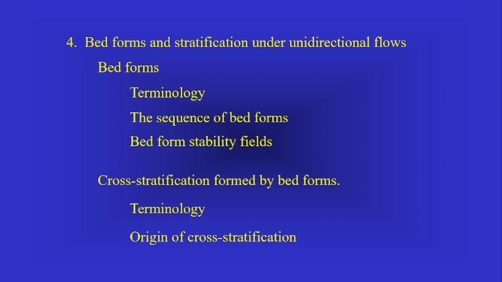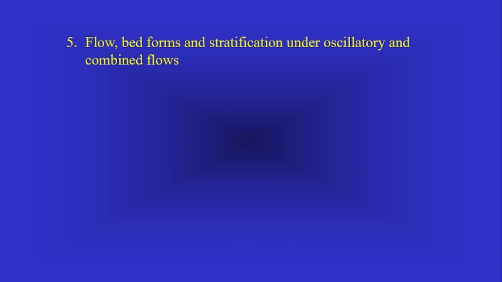Then cross stratification, bed form by bed form, and the terminology of those bed forms. The origin of cross stratification, where it comes from, and how cross laminations tell us a lot of story and the depositional environment as well. Next are flow bed forms and stratification under oscillatory and combined flows.